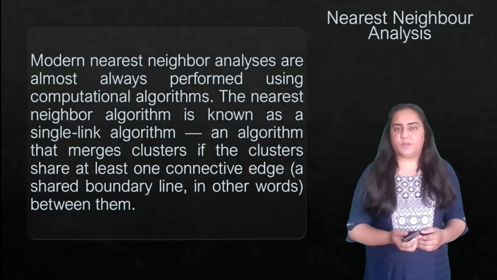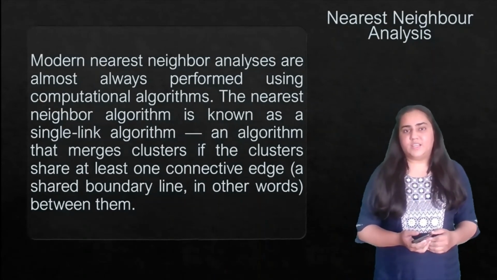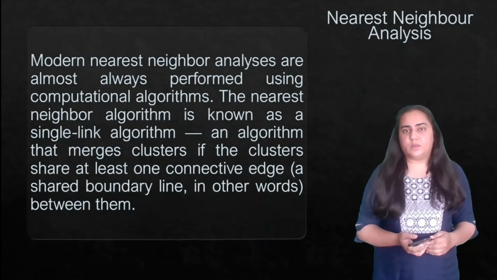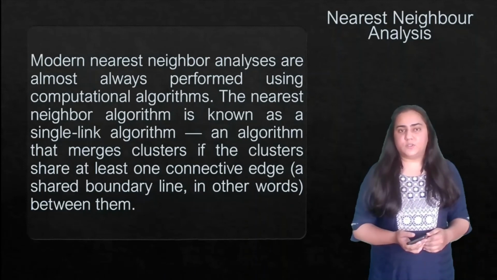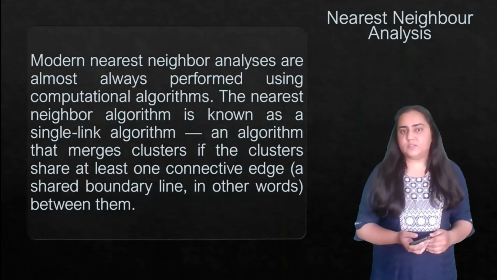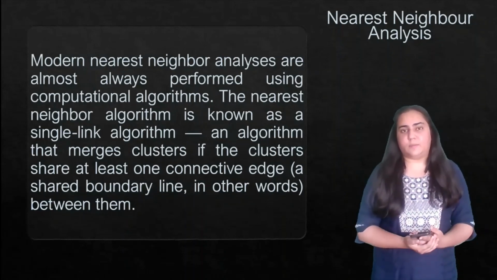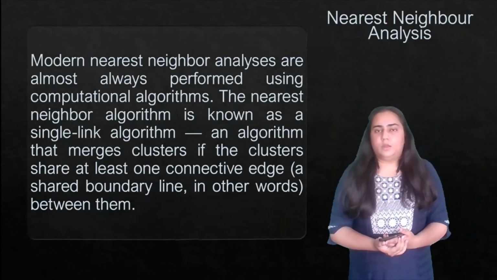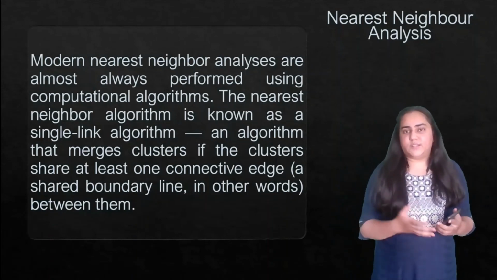Modern nearest neighbor analyses are almost always performed using computational algorithms. The nearest neighbor algorithm, which is known as a single link algorithm, merges clusters if the clusters share at least one connective edge, a shared boundary line, or in other words, something in between them. Usually we have to decide how many clusters we want to form if we're doing clustering.